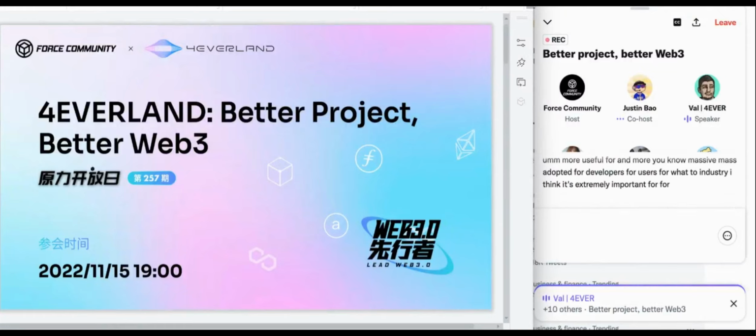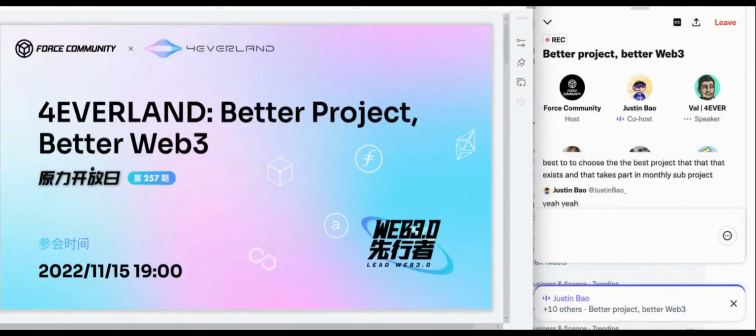I think it's extremely important for us at this moment. So yeah, of course, there are lots of interesting projects, and as you mentioned, for sure, it's extremely difficult to choose. But we work hard and do our best to choose the best project that takes part in the multi-sub project.